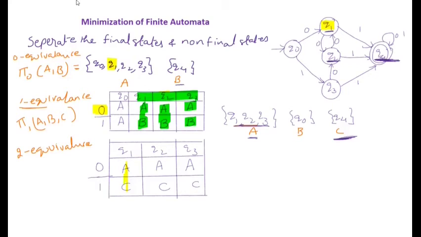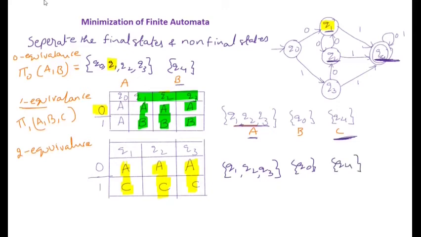If you observe column wise, the first column has a pattern AC and Q2 also has the same pattern and Q3 also has the same pattern AC. That means Q1, Q2, Q3 must be combined together as a single set, Q0 as a separate state and Q4 as a separate state.